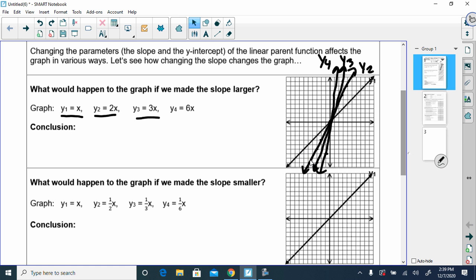So we started off with y1 here, and then when I graphed y2, we were here, and then y3, and then y4. So what was happening each time? Right, it's getting steeper. That's exactly right. So that must mean that the bigger my slope gets, the steeper the line gets, right? Okay, so that's what we're going to write. As the slope increases, the line gets steeper.